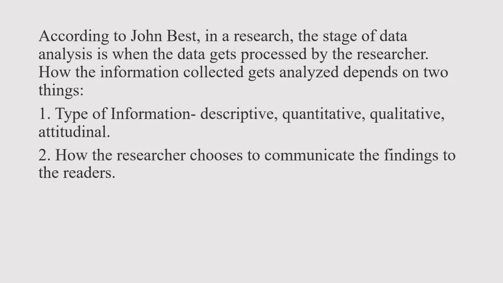According to John Best, in a research, the stage of data analysis is when the data gets processed by the researcher. How the information collected gets analyzed depends on two things: type of information (descriptive, quantitative, qualitative, attitudinal), and how the researcher chooses to communicate the findings to the readers.